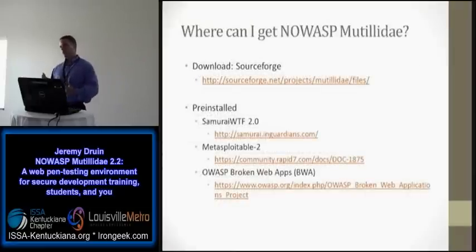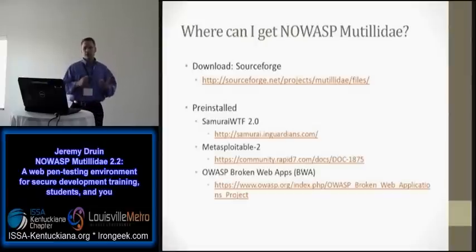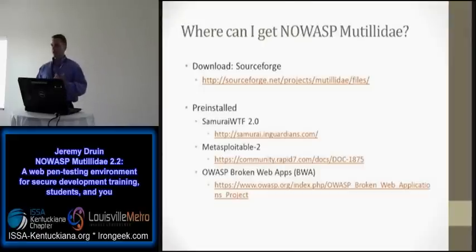So where can you get it? Well, one of the easiest ways to do it is to find these pre-installed installations. Samurai has it already pre-installed, and that platform was just recently upgraded to 2.0 a few months back. The nice thing about Samurai is it comes as a bootable DVD, but you can install it if you want.